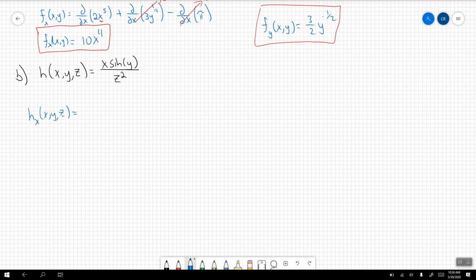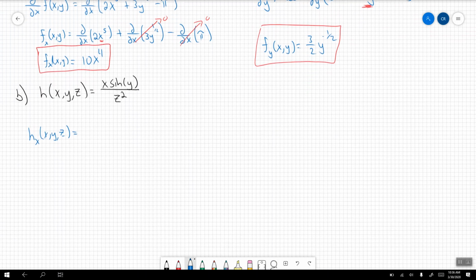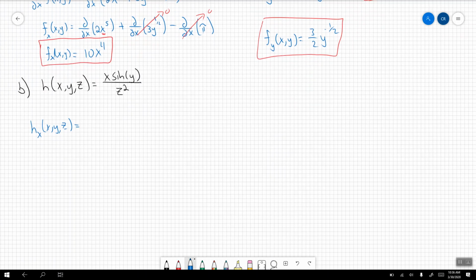Now watch what I'm going to do. Instead of writing all of this out like I was doing before, in my mind I'm just going to envision, since I have sine of y and since I have z squared that both do not contain the variable x, I am only going to take the derivative for the x value.